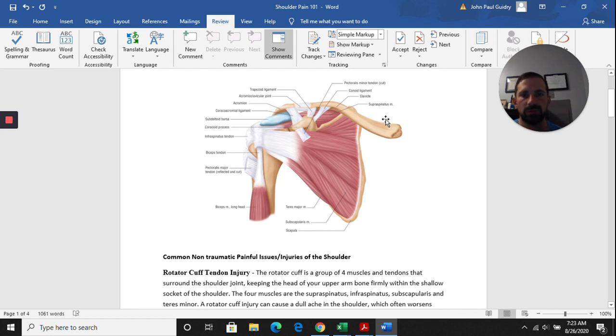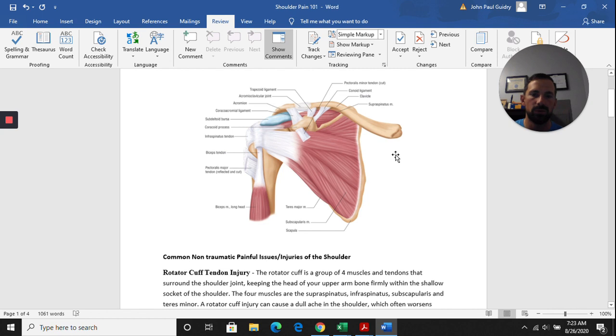Everyone's probably pretty familiar with the rotator cuff. It's four muscles. We have your supraspinatus, your subscapularis, so this is looking at the anterior of the shoulder blade, your infraspinatus, and then a teres minor, which is not pictured in here. Those four muscles work together.